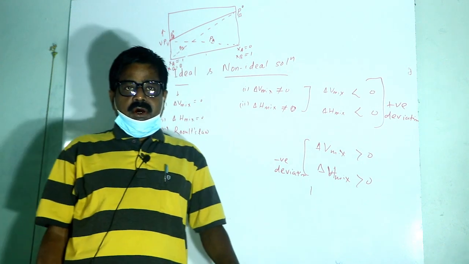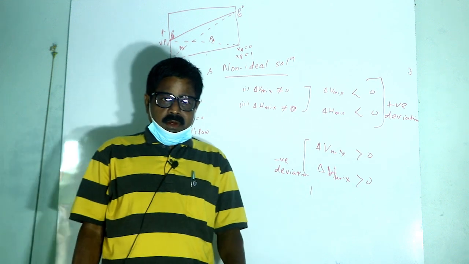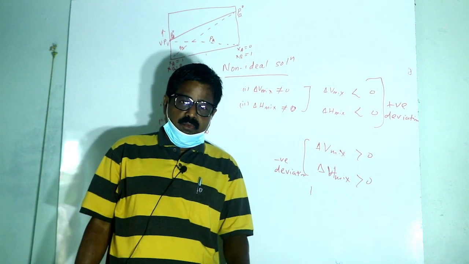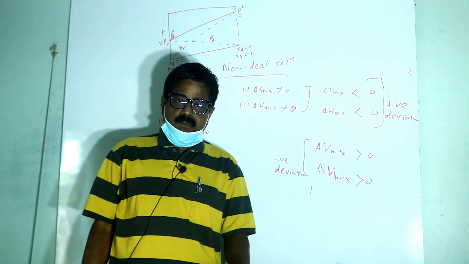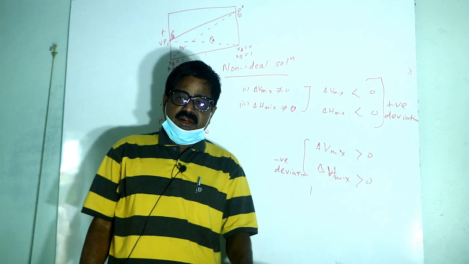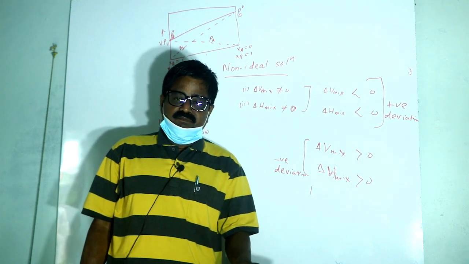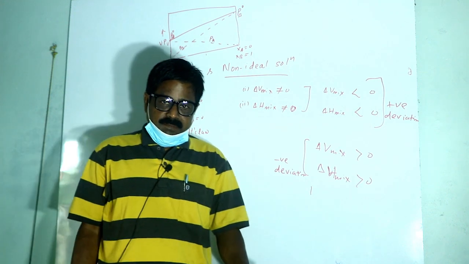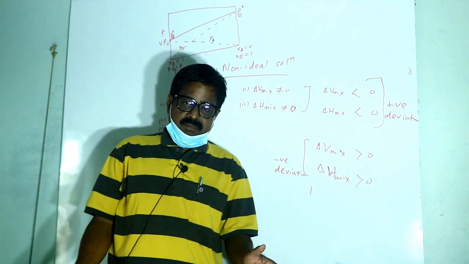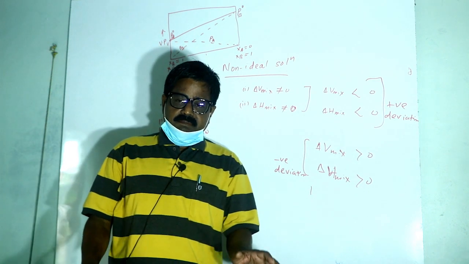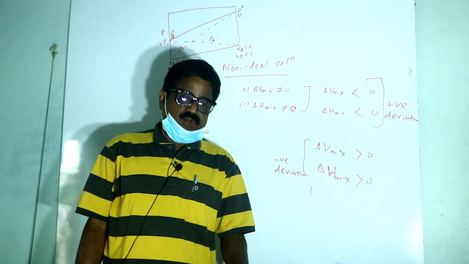So there is 100% agreement with Raoult's law. The solution which obeys Raoult's law without any deviation is called an ideal solution. For example, a mixture of benzene and toluene, and a mixture of ethyl bromide and ethyl chloride. These are some examples of ideal solutions.